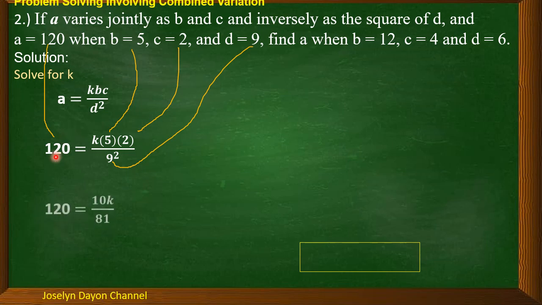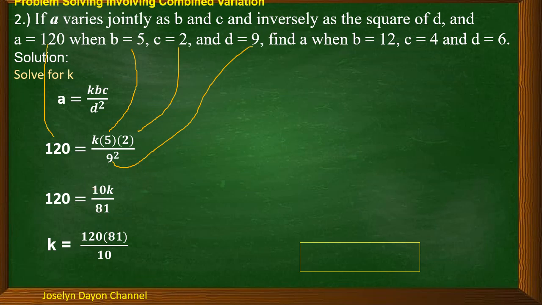So bring down 120. So k times 5 times 2, that is 10k. 9 squared, 9 times 9 is 81. Now to solve for k, we have to multiply 120 times 81, divided by 10.